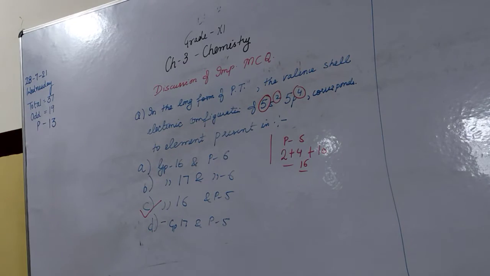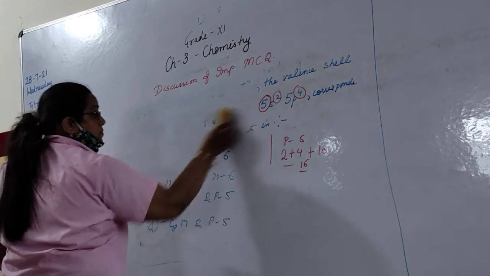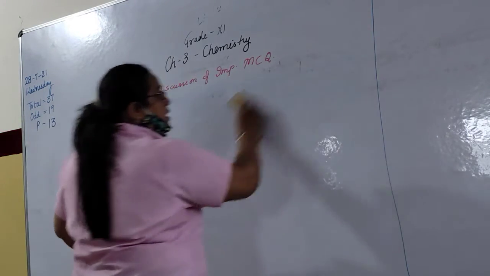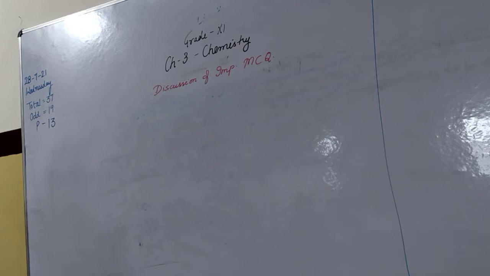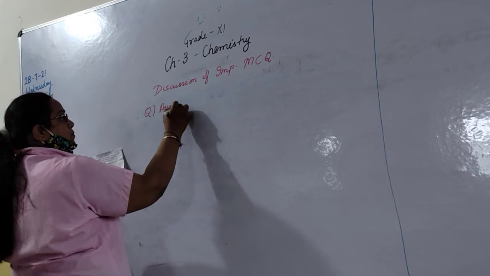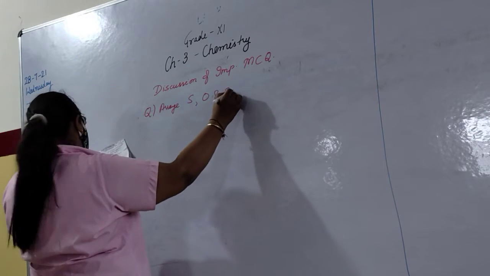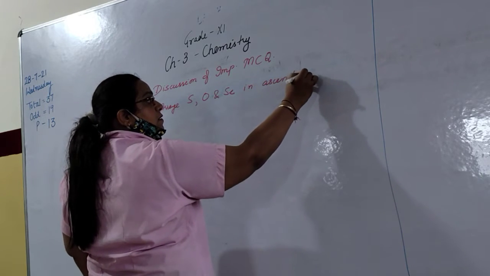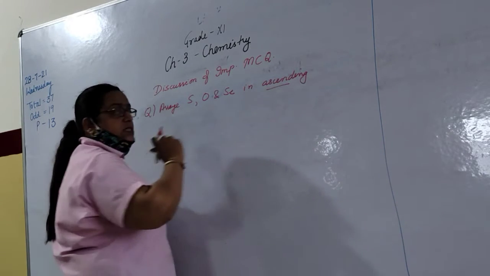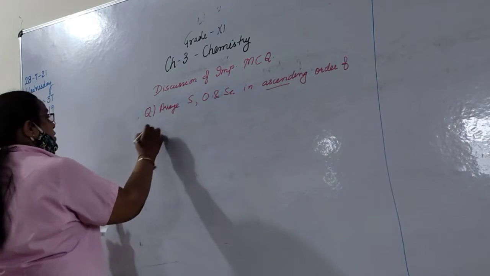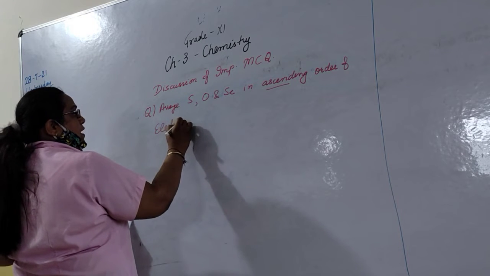My third question is: arrange sulfur, oxygen and selenium, S, O and Se, in ascending order of electron affinity.